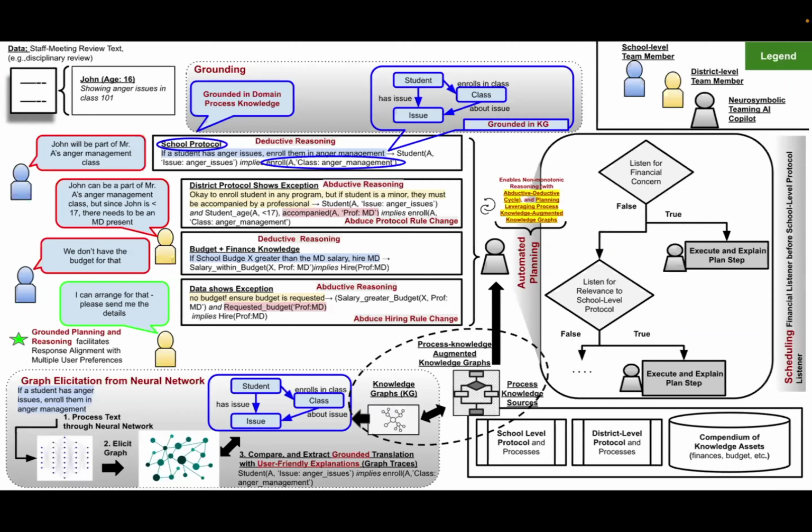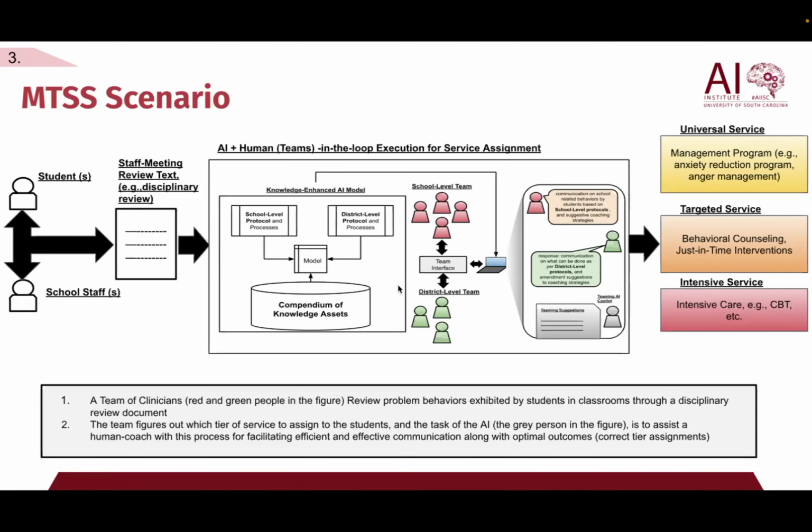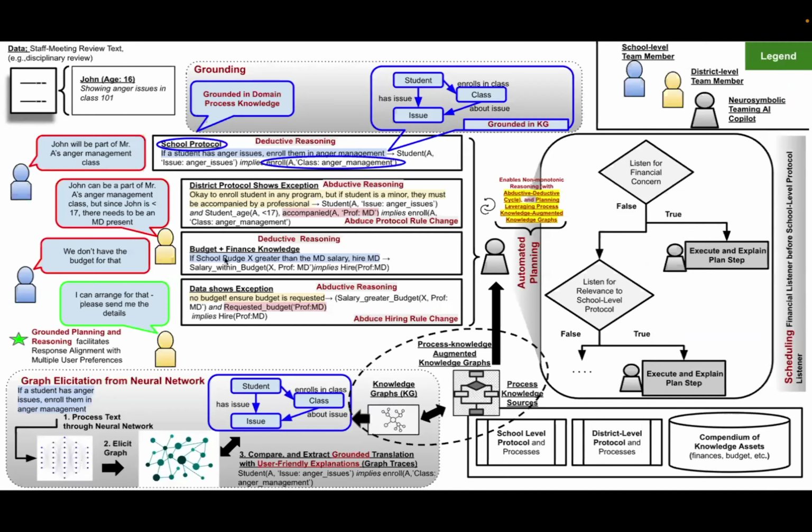So we are in the process, this is not yet implemented, of developing a system to facilitate the conversation between the people that decide what to do with the student. An example conversation you see here: this person, John, should be part of anger management, but then another person from the administrative body says that's fine, but because John is 16, they need to also make sure that a professional is present.